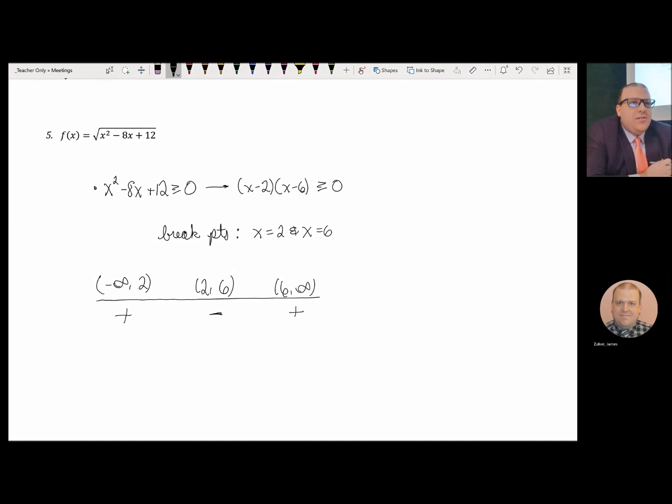Now look at your inequality. What's the inequality? Greater than or equal to? Those are the two intervals.